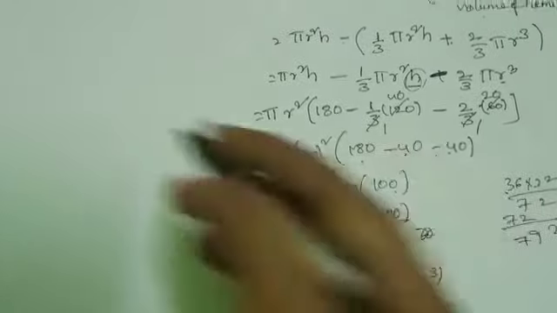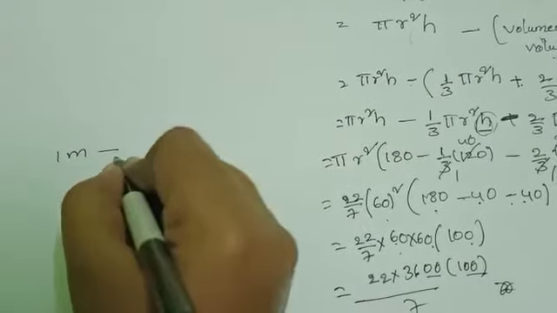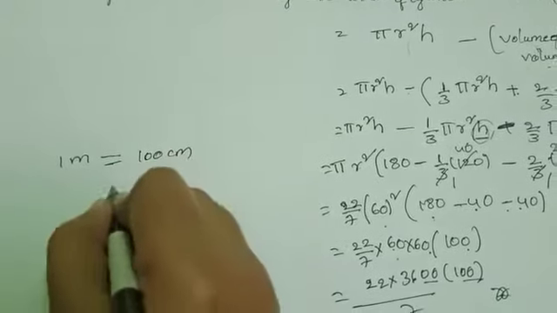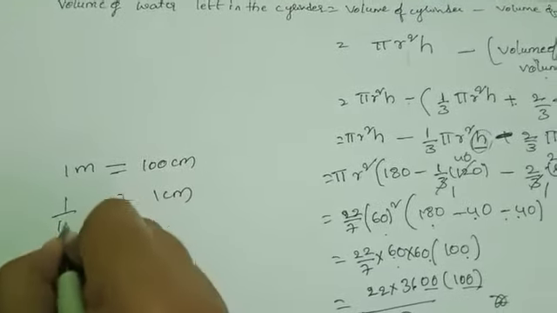Centimeters converted to meters. 1 meter equal to 100 centimeter. 1 centimeter equal to 1 by 100 meter.